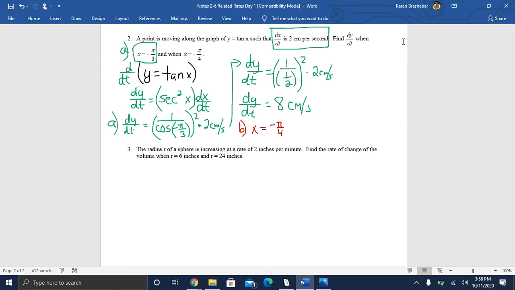So when x is negative pi over 4, then our dy/dt would equal 1 over the cosine of negative pi over 4, and that is squared, and then also times 2 centimeters per second.